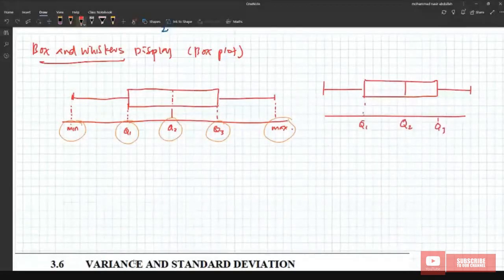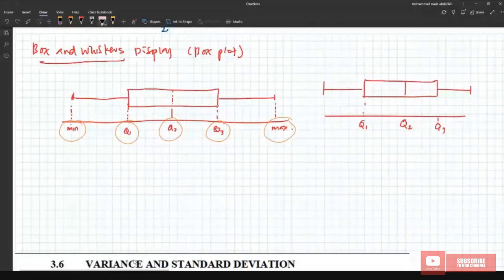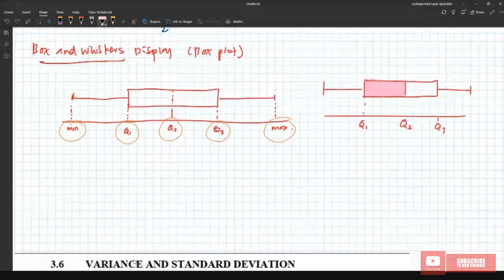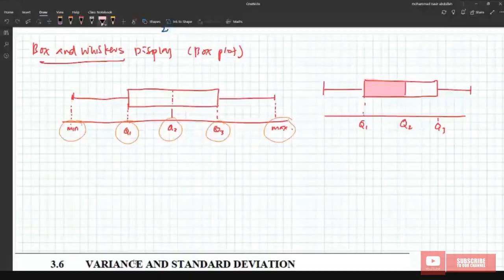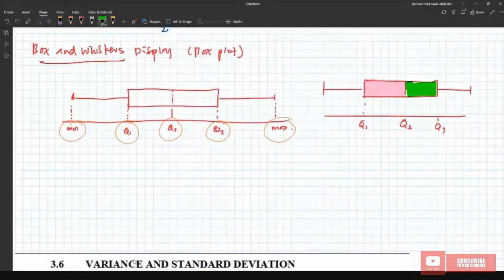So if the area from quartile number 1 to quartile number 2 is larger, when the area on the left hand side is larger than the area on the right hand side, this is what we call a skewed to the left distribution.